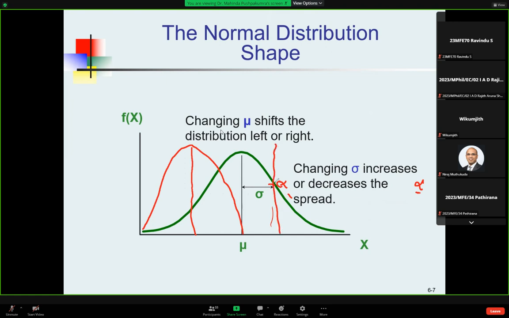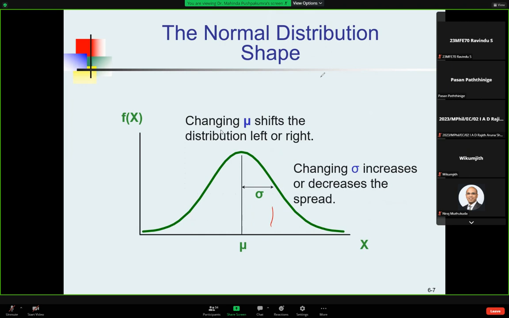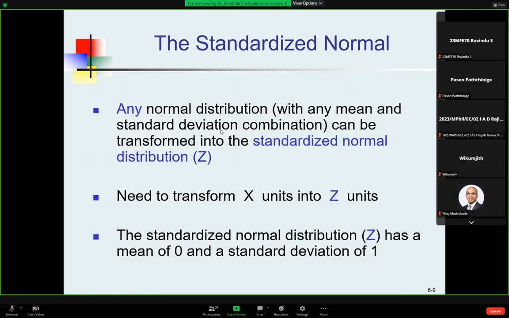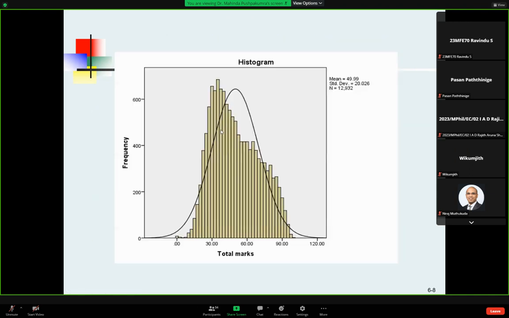If mean increases, the distribution will shift to the right. Okay, and this shows actually distribution related to marks. This is from SPSS software.